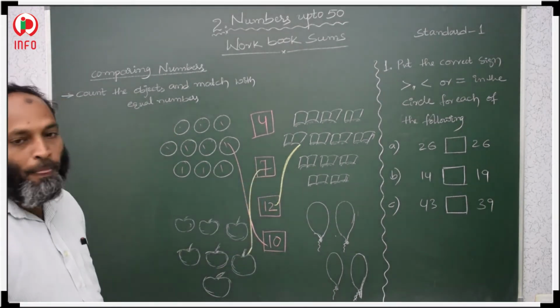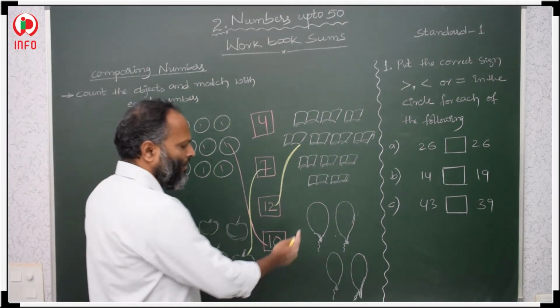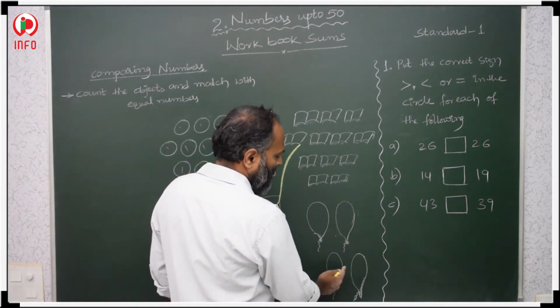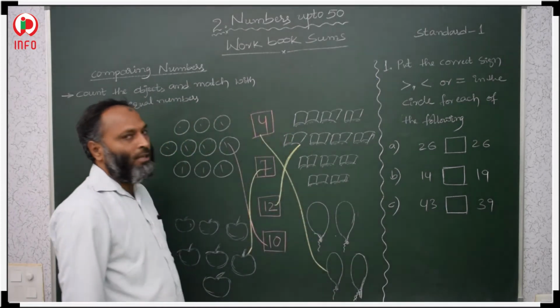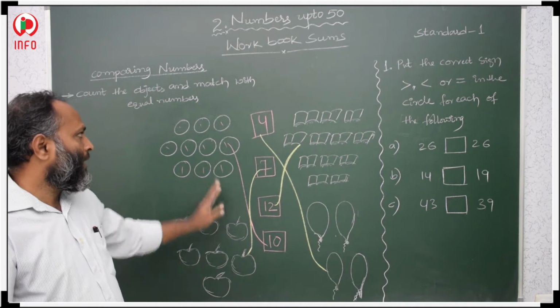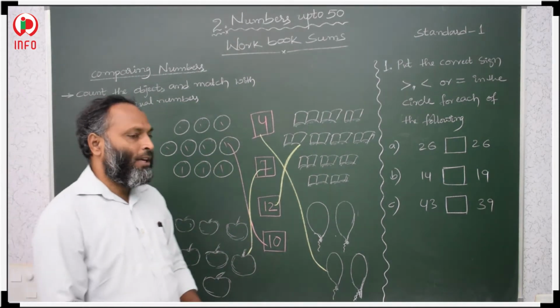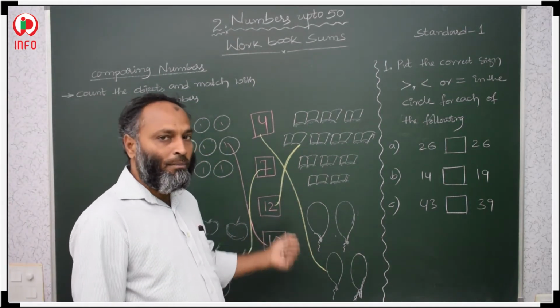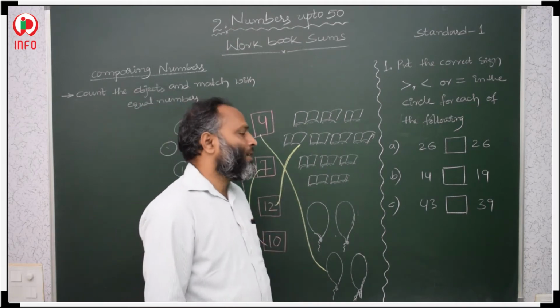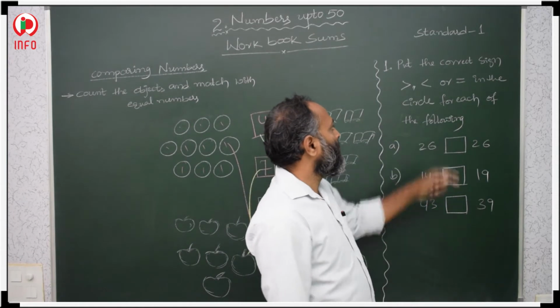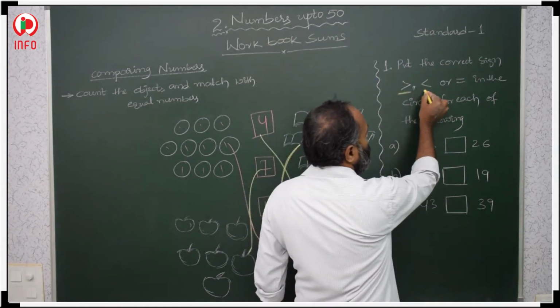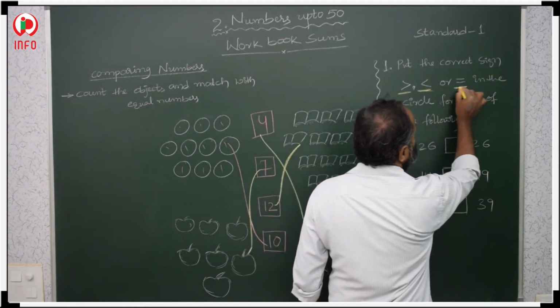Now the number of balloons. 1, 2, 3, 4. 4 with balloons. Like this we have to match our equal objects with the respective equal numbers.